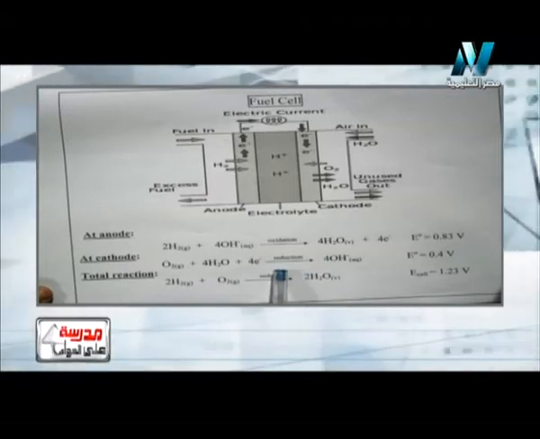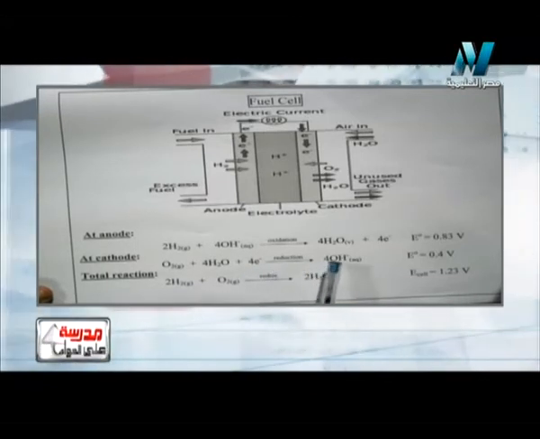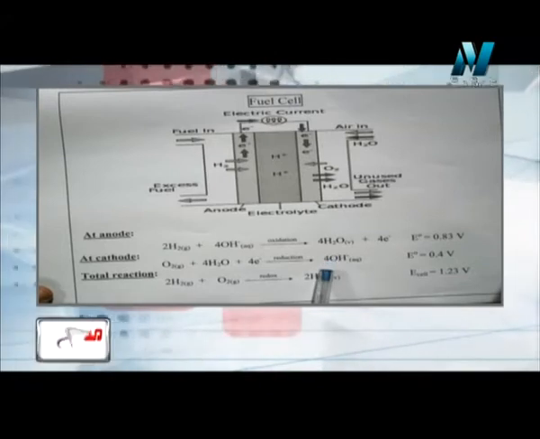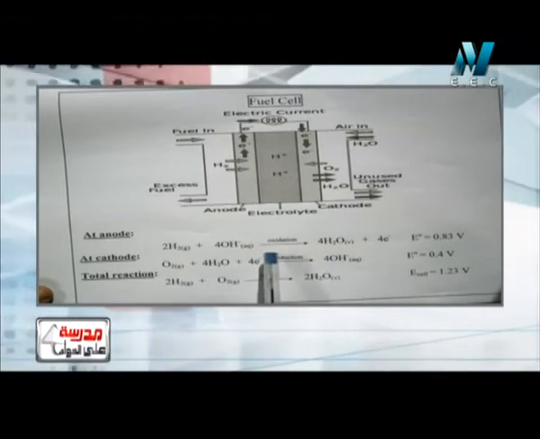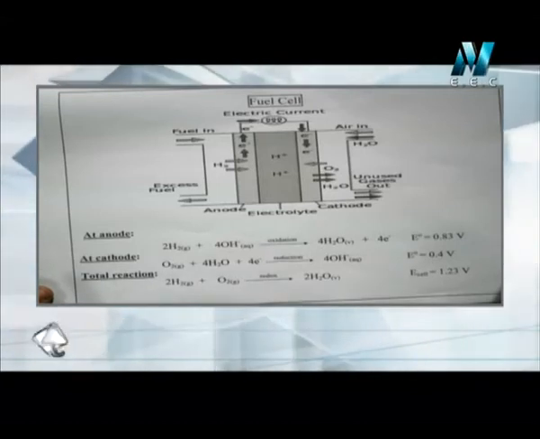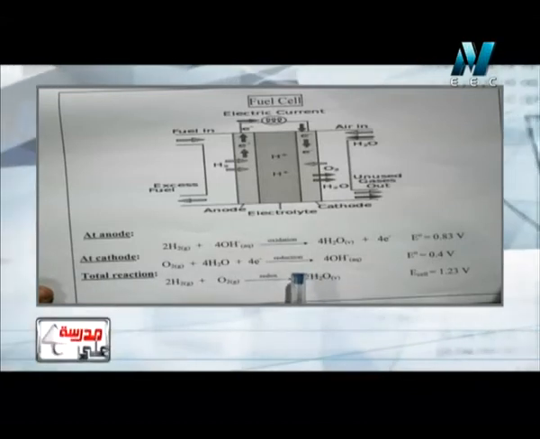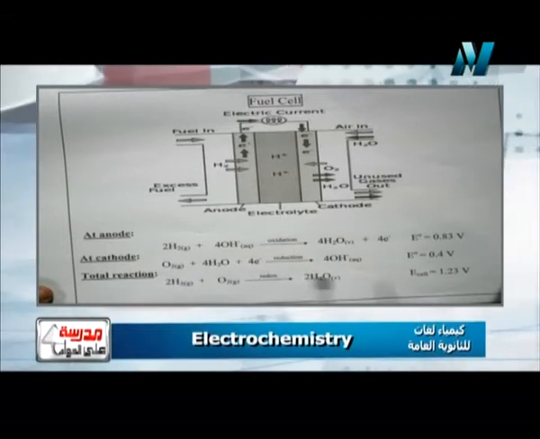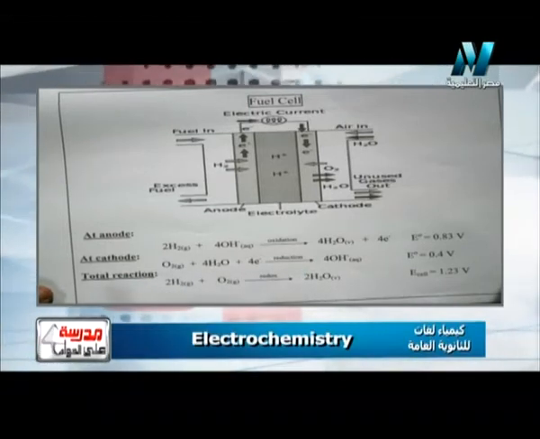Reduction occurs to form 4 OH negative. The oxidation potential of the anode equals 0.83 volts, while the reduction potential of the cathode is 0.4 volts.